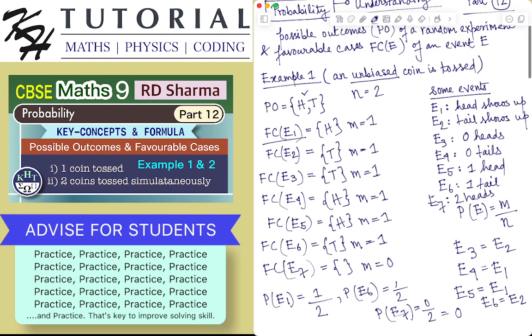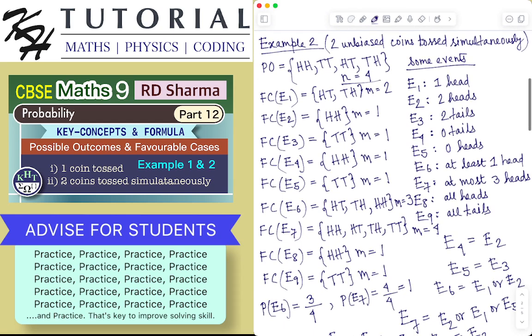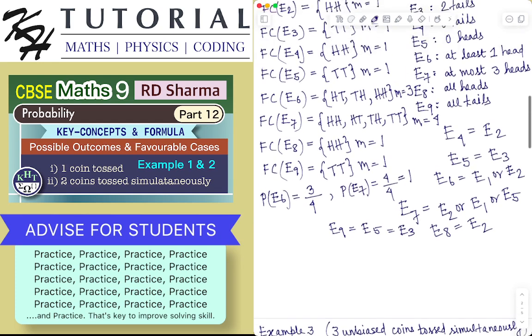Like tossing a single coin, tossing 2 unbiased coins simultaneously, tossing 3 unbiased coins simultaneously, throwing 2 dice simultaneously, or randomly selecting a number from a set of numbers. There are many variations of problems that are solved based on the possible outcomes of a random experiment, and out of those possible outcomes, which outcomes are favorable to a given event. In the subsequent videos, I will discuss more examples, so please stay tuned.